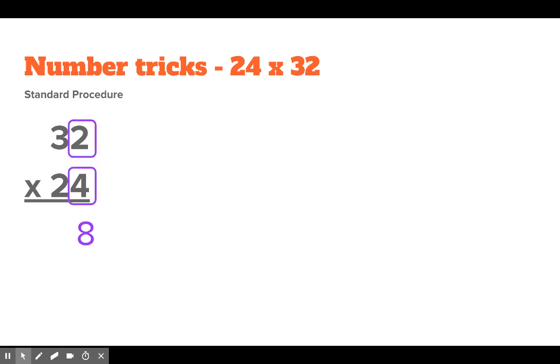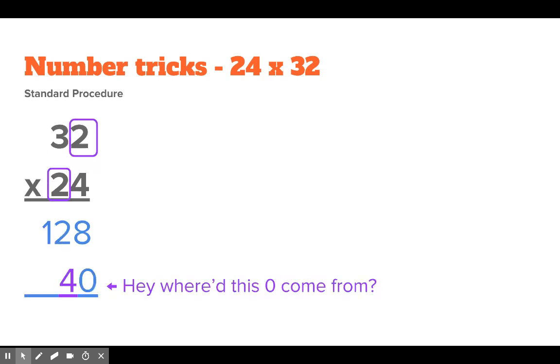You would multiply the 4 times the 2 in this case, the two right-hand digits. And in that case gives us an 8. Then you'd multiply the 3 times the 4, which gives me a 12. If the 8 had a carry in it, I would add that carried number to this at this point.